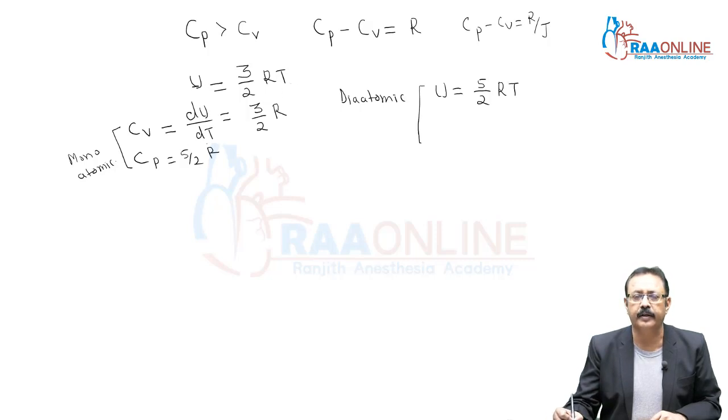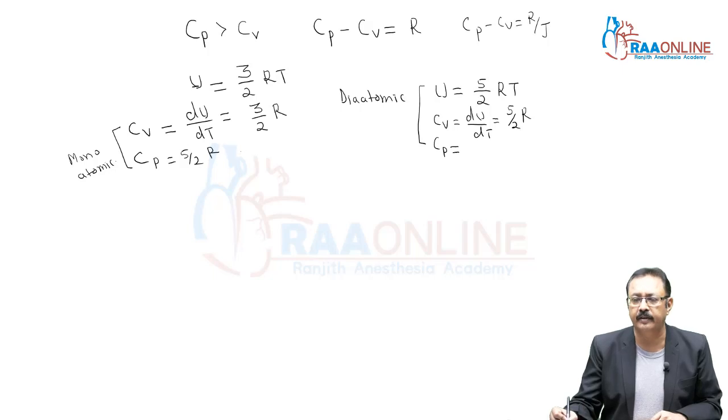So for diatomic, Cv, which means dU by dT, means 5 by 2 R. So Cp, add 1 R, so you will get 7 by 2 R. For polyatomic, U is equal to 6 by 2, means 3 RT. So Cv, dU by dT, is 3 R. So Cp should be 4 R.